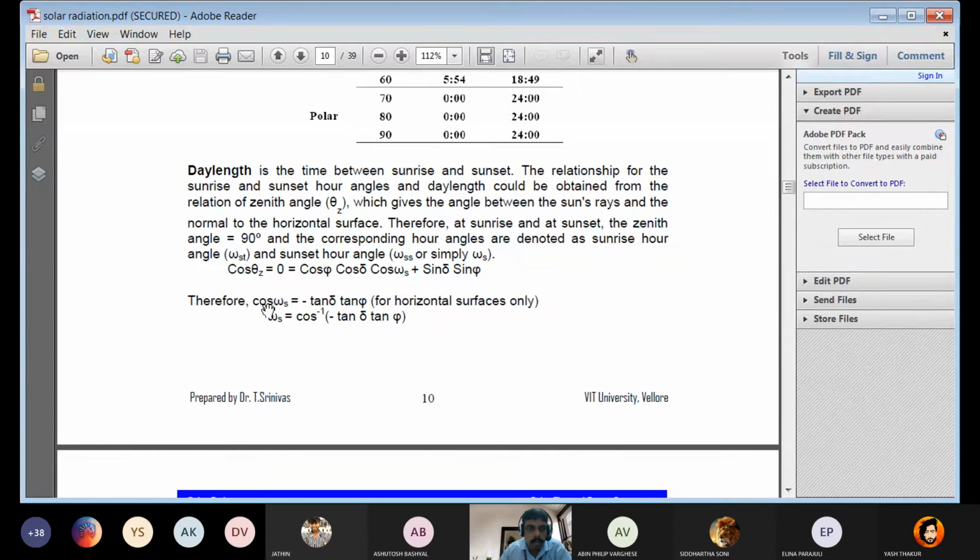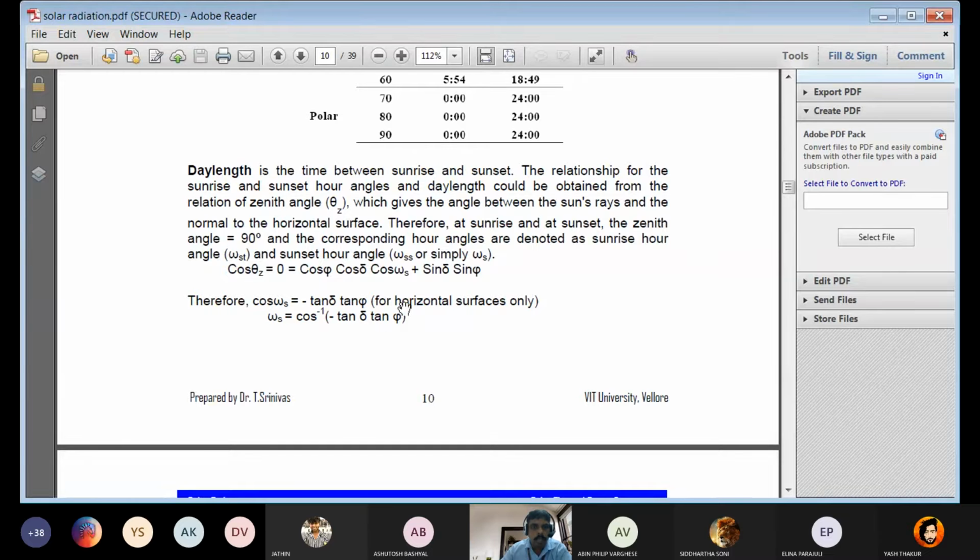So this relation holds: cos theta z is equal to 0, which is equal to sin phi sin delta plus cos phi cos delta cos omega. So from the first relation, corresponding to sunset and sunrise, if we put cos theta z equal to 0, we will get omega is equal to cos inverse of minus tan delta tan phi. This relation is also needed.